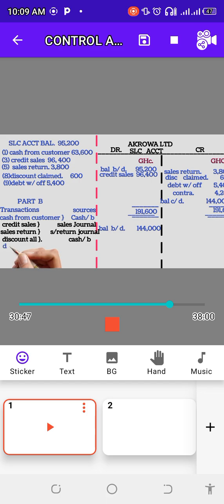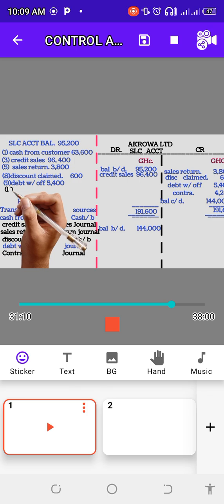Now the next one is set off. Set off is gotten from the general journal or the journal proper. Then bad debt written off is from general journal or journal proper, and contra is also from general journal or the journal proper.